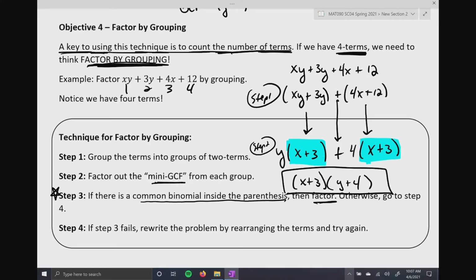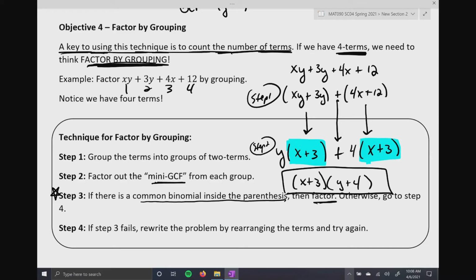In other words, you're going to know if you're doing this problem correctly because whenever you factor out your mini GCFs from step 2, those parentheses should always match. Whatever is left over inside the parentheses after step 2 should always be the same. If they're not the same, then something happened.